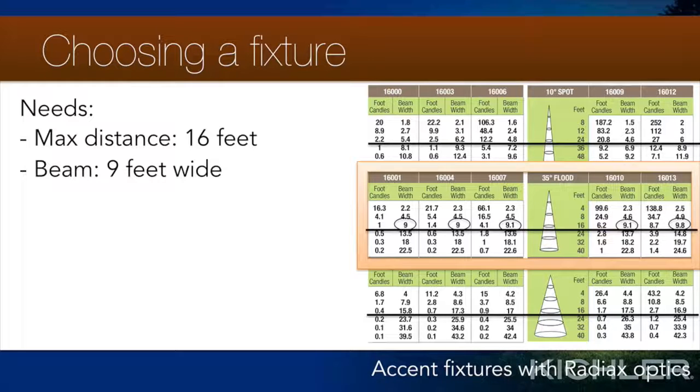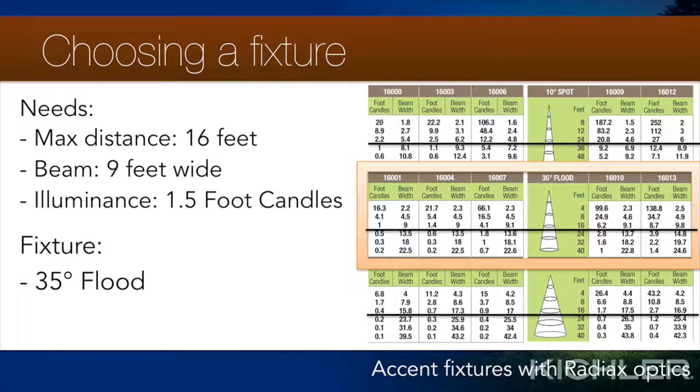With this information in hand, find the 35-degree fixture with about 1.5 foot candles at 16 feet from the fixture. This is the 16004 fixture, which has 1.4 foot candles of illumination at 16 feet, close to our desired 1.5 foot candles. This is the basic process for arriving at the proper lumen output and beam spread of your fixtures.